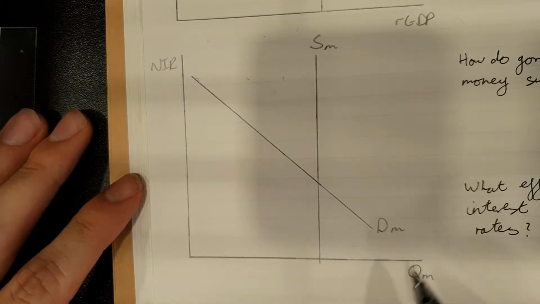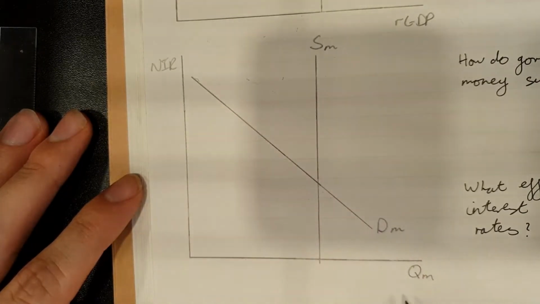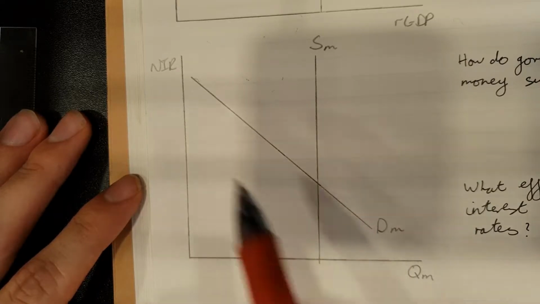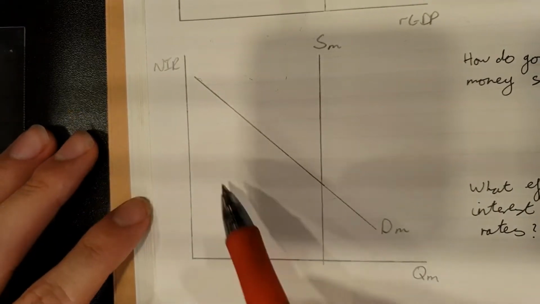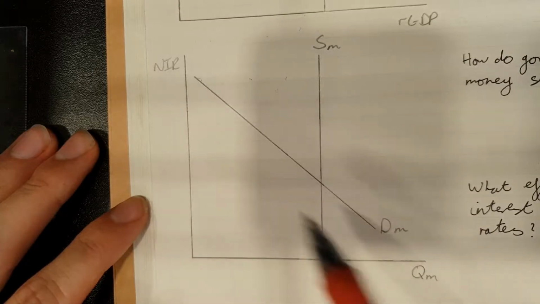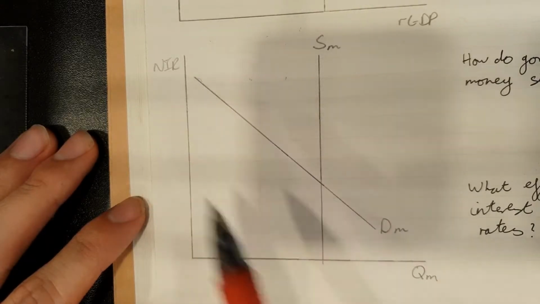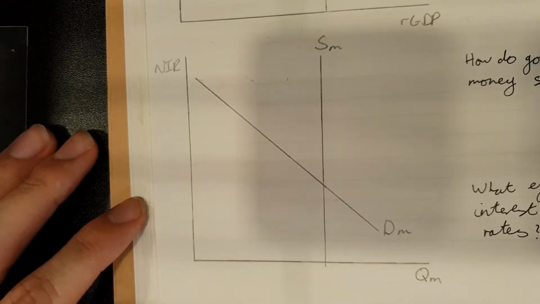Here we have the quantity of money. And this is the demand for money. So the demand for loans, essentially. And as we can see, as the interest rate rises, people want to loan less because it costs more and they want to save more. So there's less demand for money when interest rates get high, and when interest rates are low, there's more demand for money.